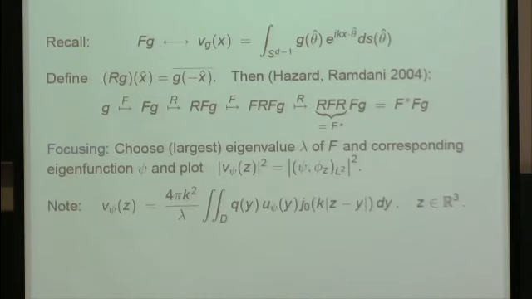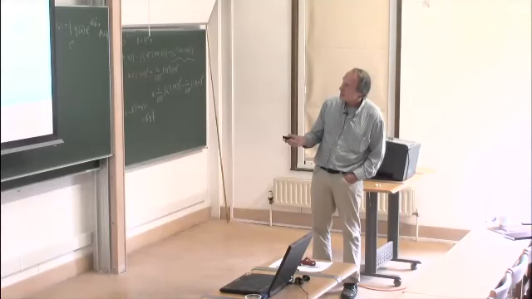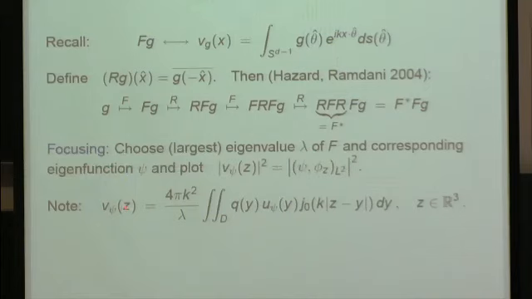And then you can easily prove that this Herglotz function at that point z could be written in this form. There's also a Green theorem.